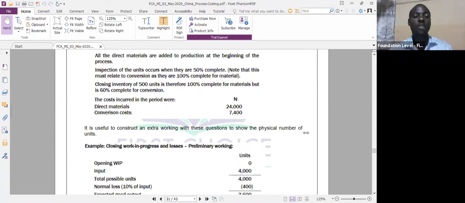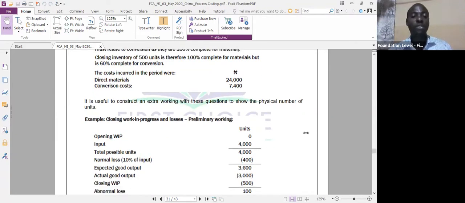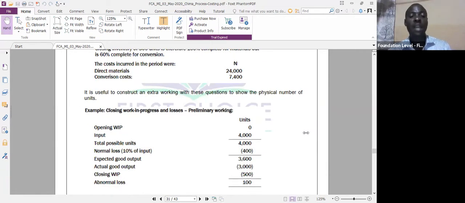Now look at the costs incurred in the period. We have direct materials 24,000, direct labor, conversion cost, 7,400. It says it's useful to construct an extra working with this question to show the physical number of units. So this is what we're going to do now.